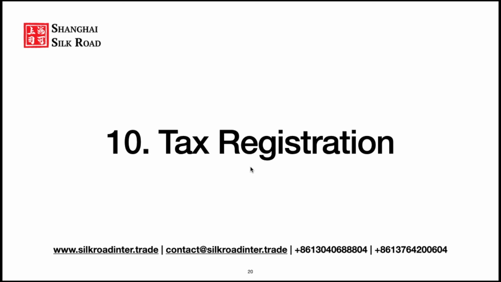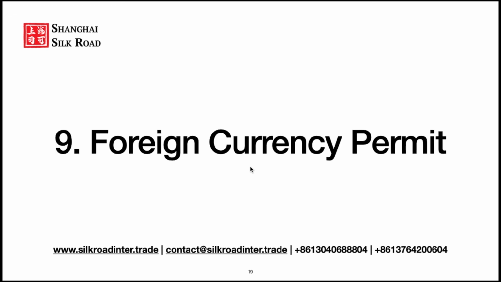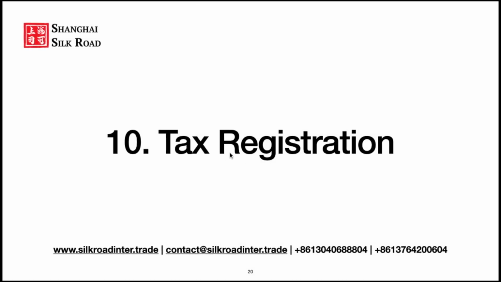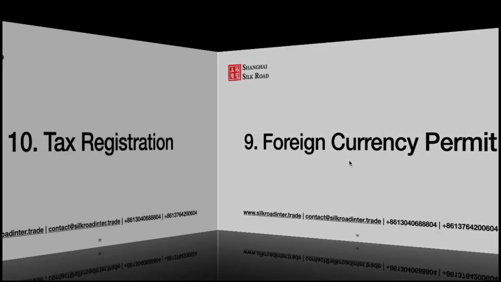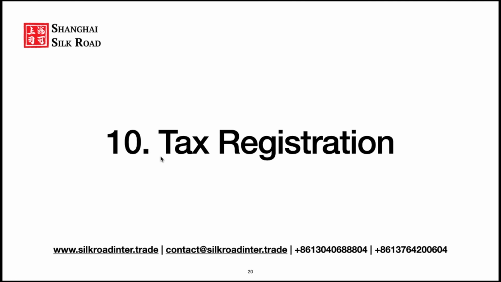Without ID verification, without going to the tax office, company's tax registration is not going to be complete. So actually, right after we start the foreign currency permit, like I said, foreign currency permit is going to take some time. We don't have to really wait until we start tax registration. Okay, so these two can be started at the same time. All right, although they are numbered 9 and 10, but can be started at the same time.